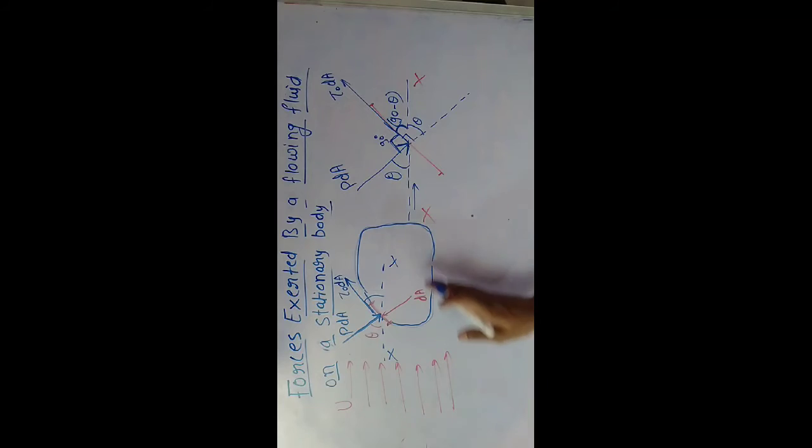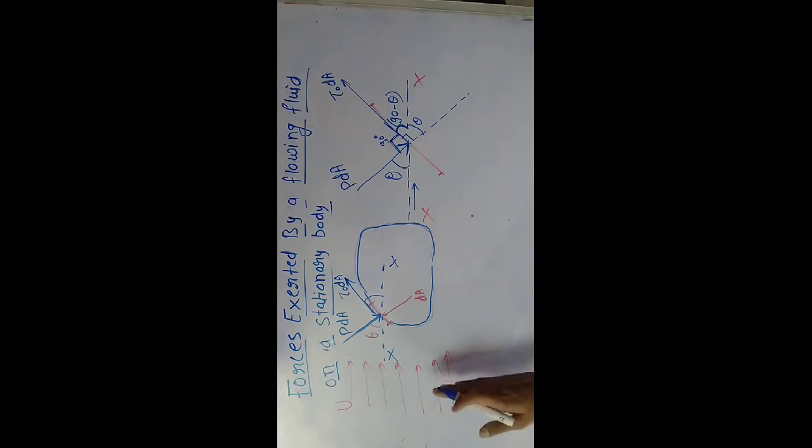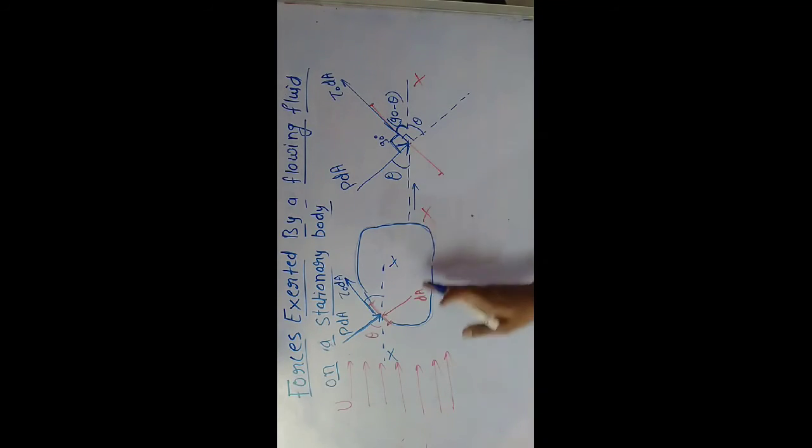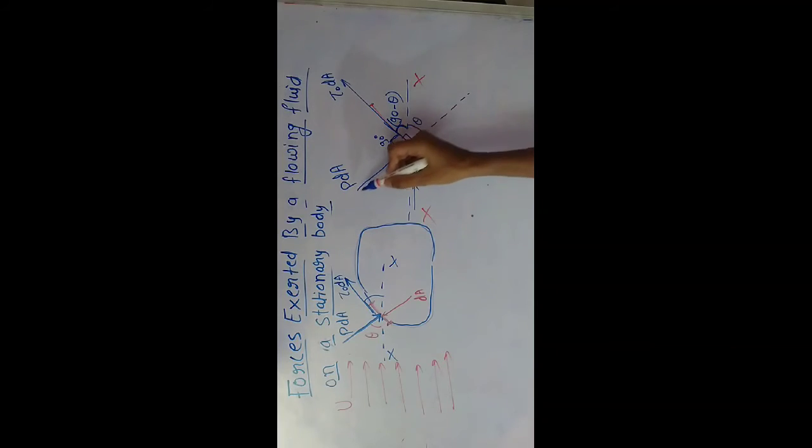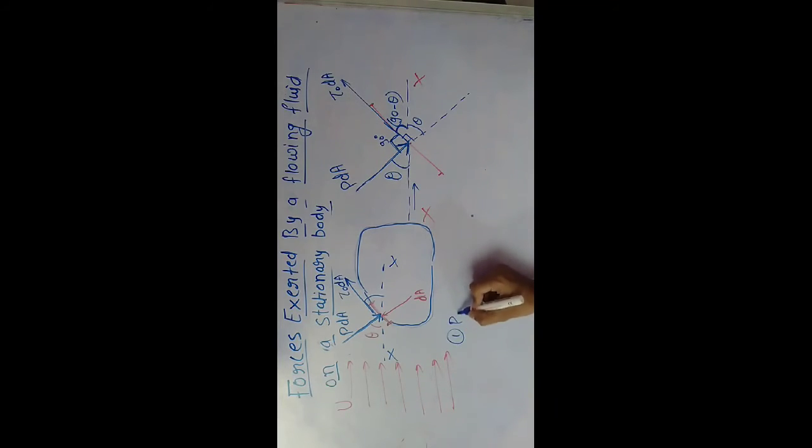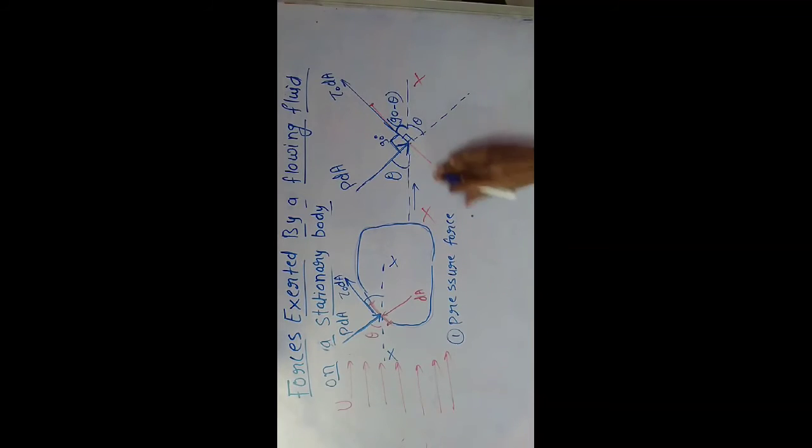So along the direction of motion, the x-axis, we can say theta is with your pressure force and horizontal. There are two components here. One is the pressure force equal to P into dA, acting perpendicular to the surface.